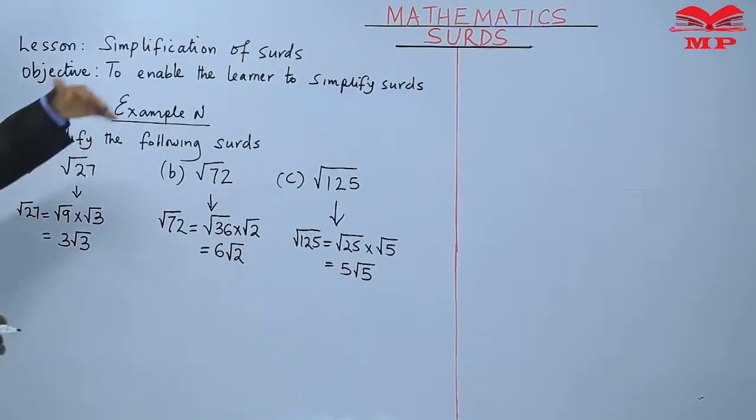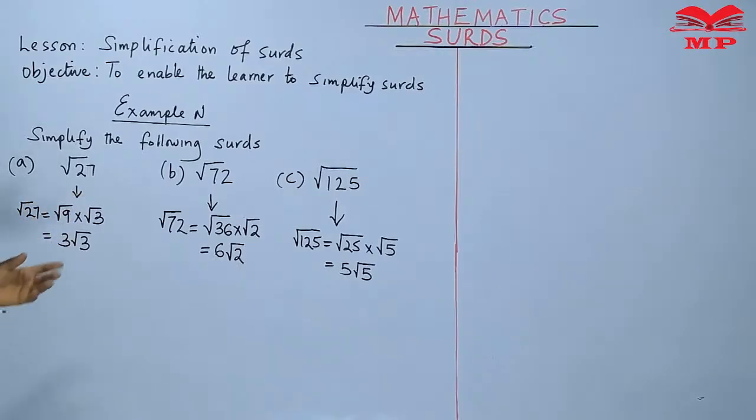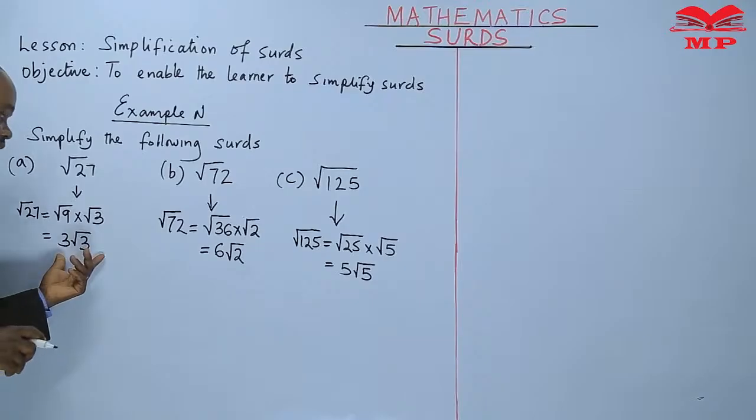Let's go back to a little recap of how we've been finding the simplified forms. We look at the number, look at the multiples. If one of the multiples has a perfect root, like 9 times 3, you find 9 has a perfect root. That's why it comes down as 3, and you remain with root 3, which qualifies the simplified form to be still a surd.